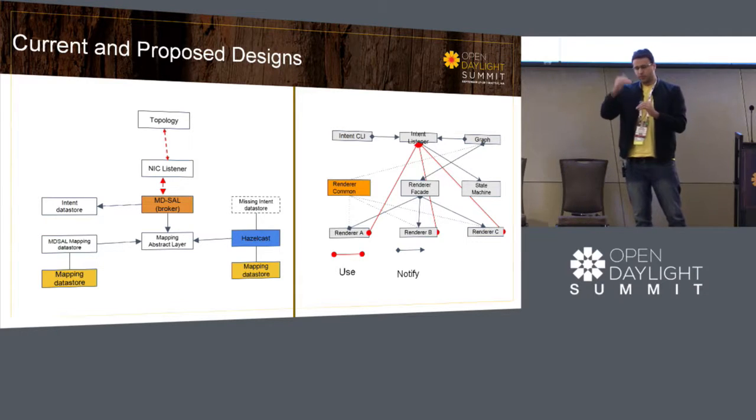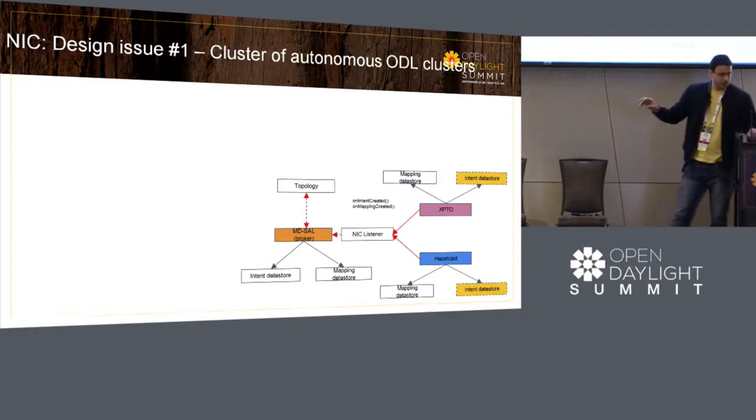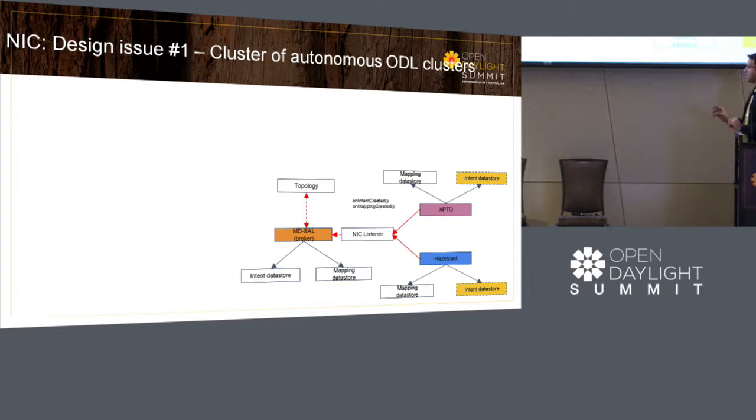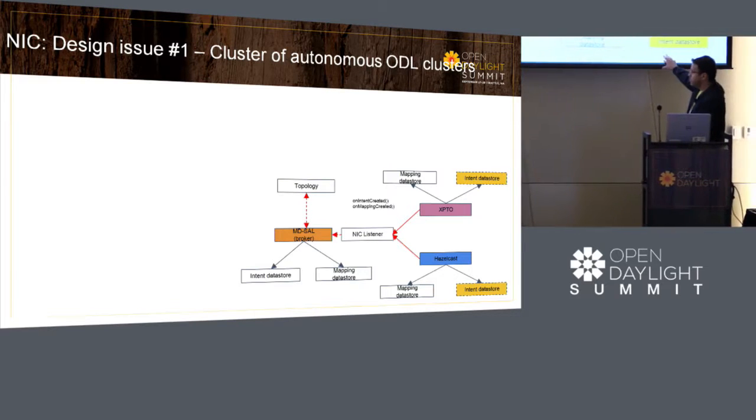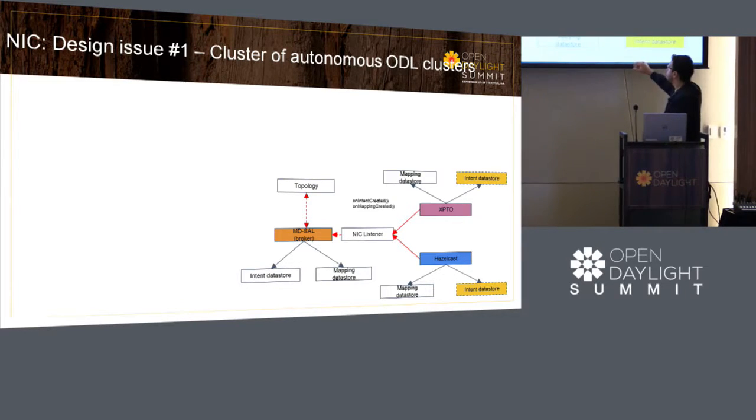Once we have this, when we apply a new intent, the first time we can share the intent and the mapping service with all the nodes in the cluster. So this is the next step for the NIC project, where we are creating a data store for intents and a mapping data store.